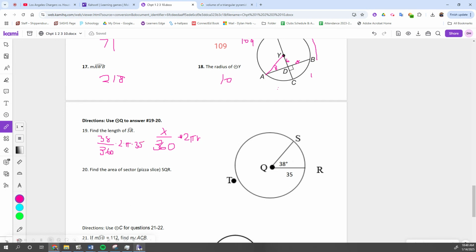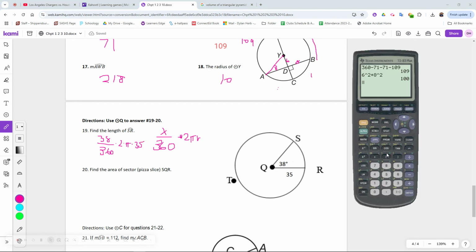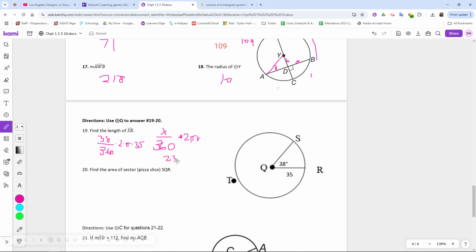Alright, so I'm going to type this in the calculator here, put the fraction in parentheses, so do parenthesis 38 over 360, close the parenthesis, multiply by 2 times pi times r. So we come out to 23.21.